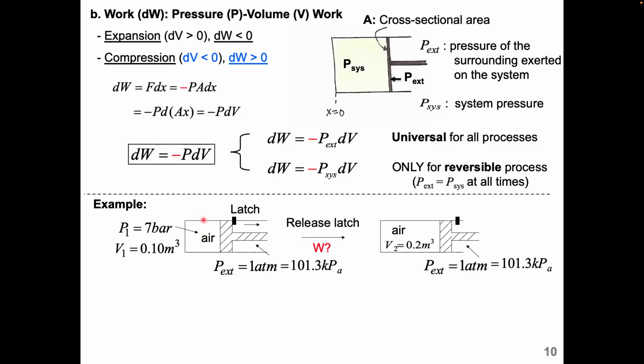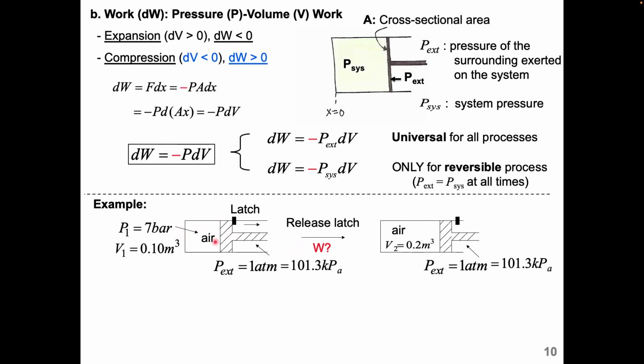Let's say at the beginning you have P1, the system pressure, is 7 bar, and the volume is 0.1 meter cubed. You have external pressure, but you also have pressure exerted by the latch. Essentially, this latch compensates the pressure difference and stops the piston there. This is your initial state.